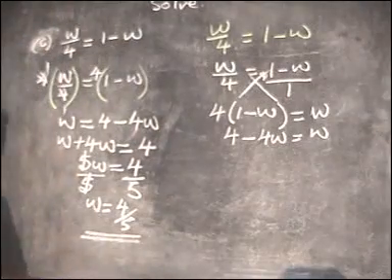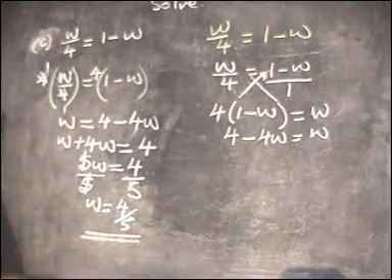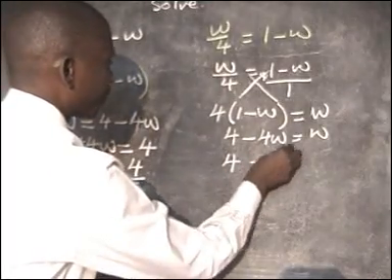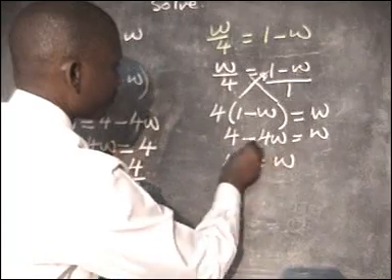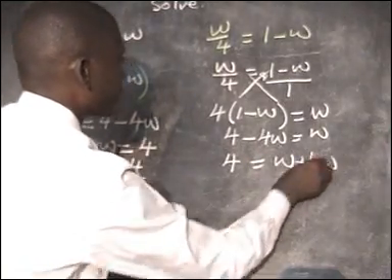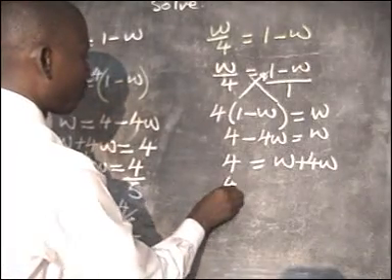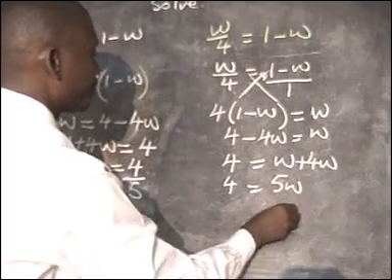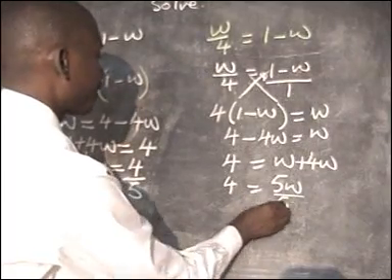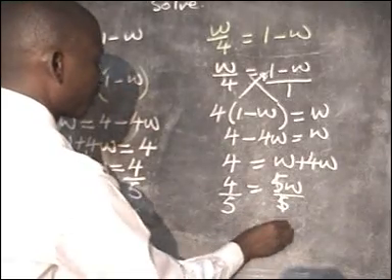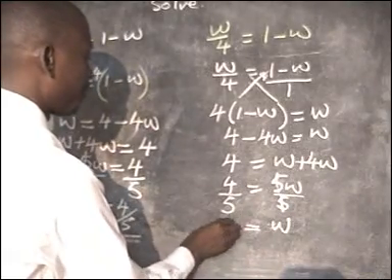Then what is going to happen there is that I have 4 equals W. If this negative 4W crosses the equal sign, it is going to become plus 4W. And that way, this is 4 equals W plus 4W, I get 5W. So over a 5 and over a 5, that and that cancels, and W is equal to 4 over 5.